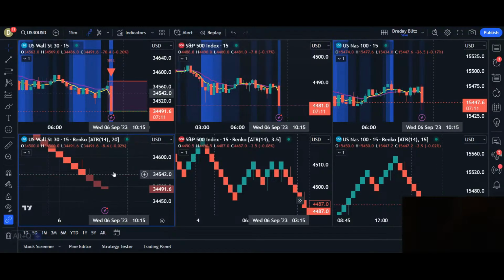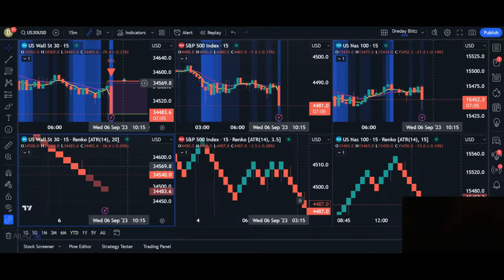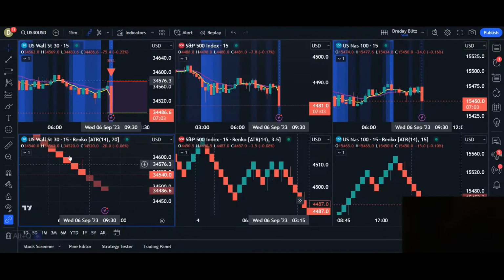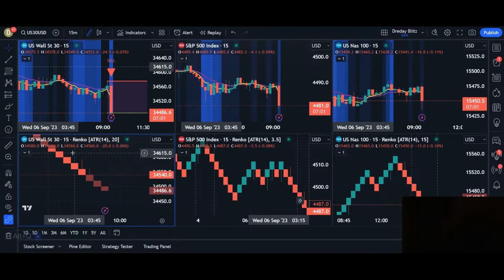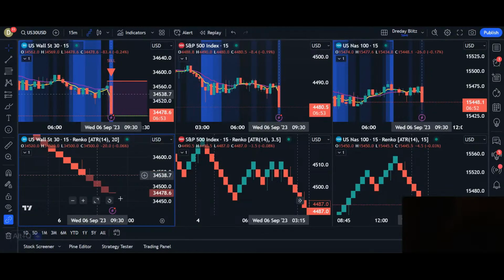My stop loss, I always put at the top of the previous Renko bar. I'm not looking at the candlesticks. I'm only looking at the Renko bars here, and I'm putting my stop loss on top of the previous Renko bar that was plotted that is full. As you can see right now, there are two that are grayed out.